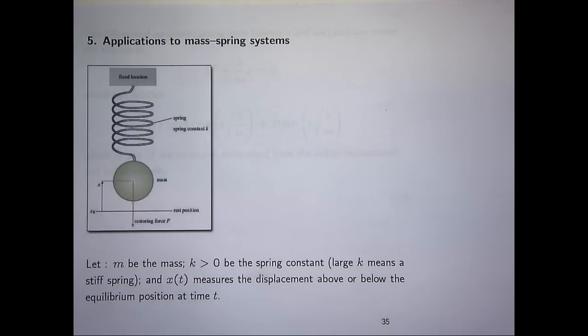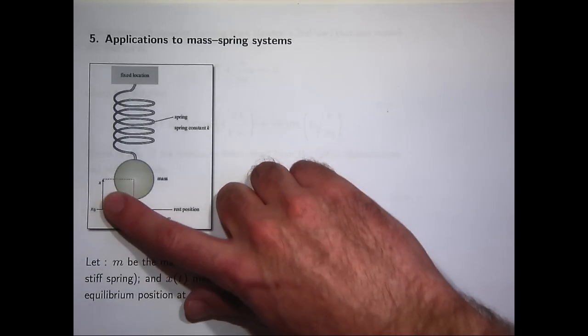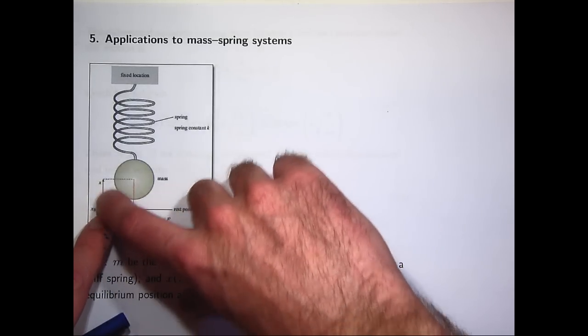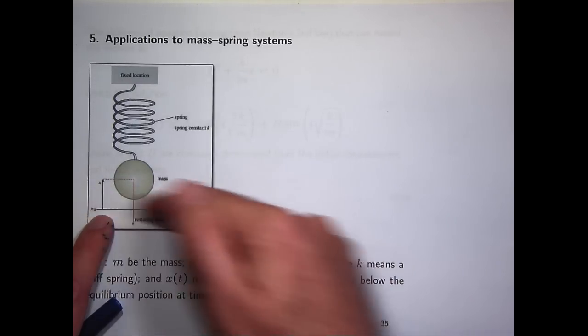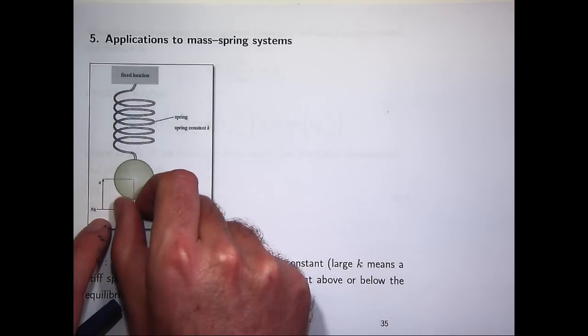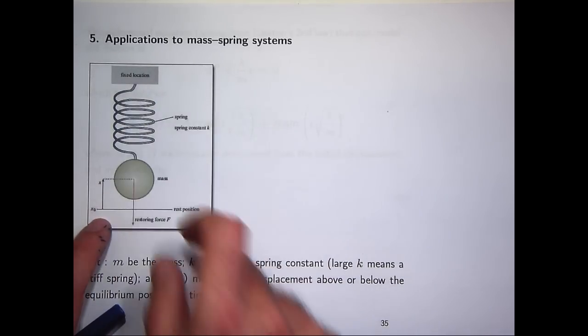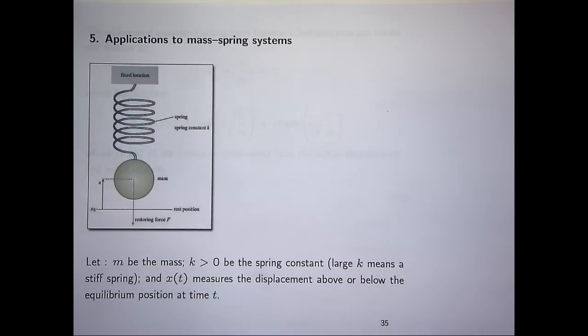Okay, you can see in this graph here, we're going to take x as sort of above the equilibrium position. So what we would do is we push it and let it go. We would measure positive displacement in the upward direction. You can also measure it in the other direction, as long as you're consistent.